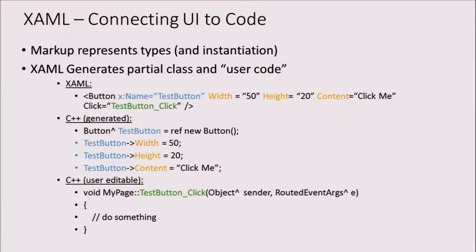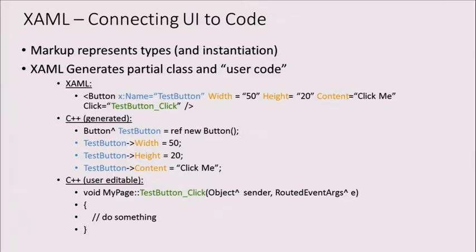In this code piece here, you're seeing XAML code where I'm just declaring a button, giving it a name, test button, and giving it some attributes. And it has an event handler called test button click. The XAML compiler, or the markup compiler in Visual Studio, automatically generates the corresponding C++ code for you. What it looks like is this.